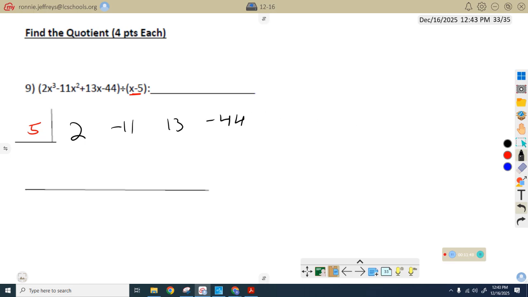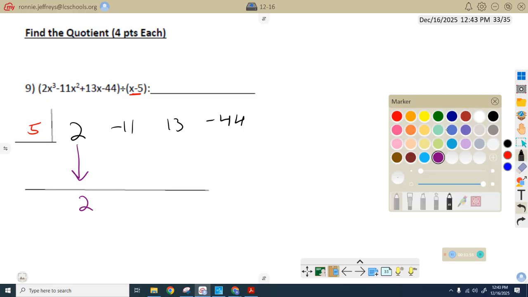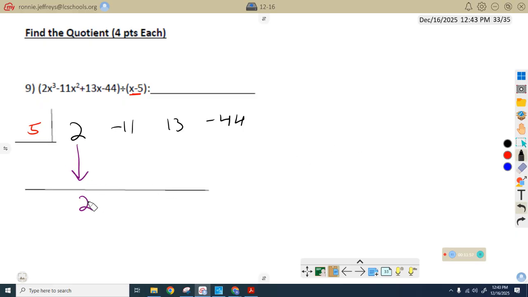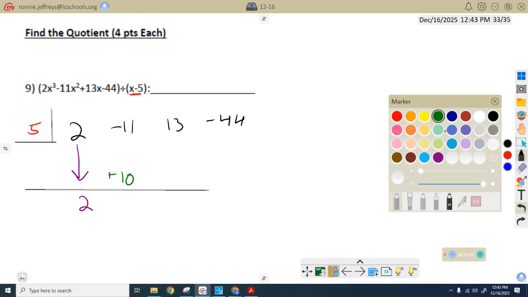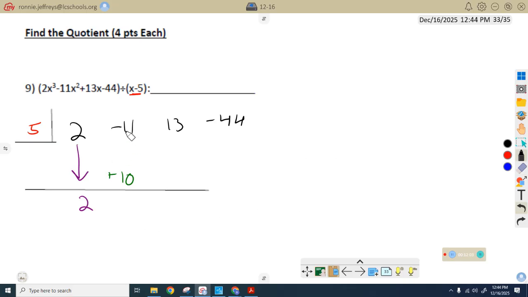All right. So, our first one, drop it like it's hot. Okay, 5 times 2 is positive 10. All right, negative 11 plus 10 is negative 1.